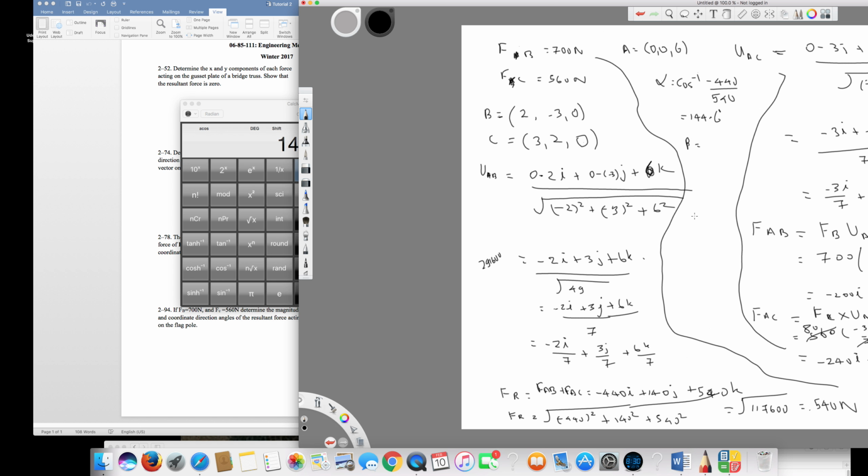So now I have to find beta. Beta is going to use the j component. The j component is 140, and it's going to be divided by the resultant, so cos beta, and beta is going to be cos inverse of that number.